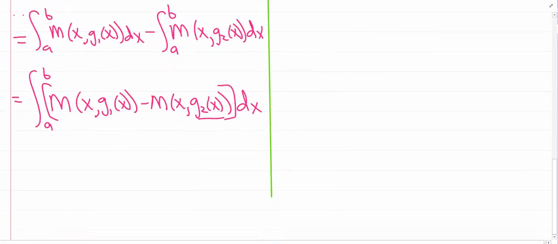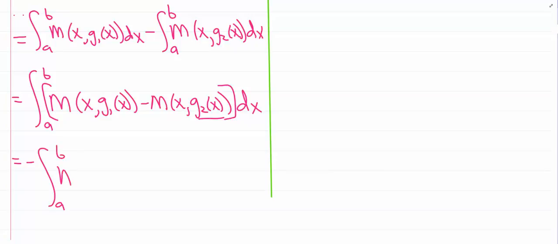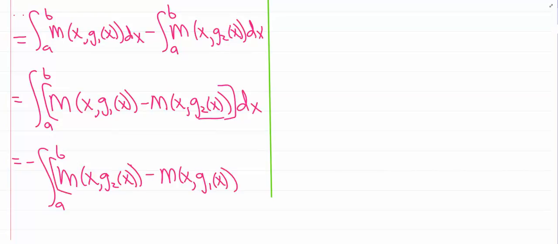I'm going to pull a negative out, and if I do that, here's what I get. I get the integral from A to B of M(x, g2 of x) minus M(x, g1 of x). Yeah, that's the ticket. There, how's that look? Any questions about that?